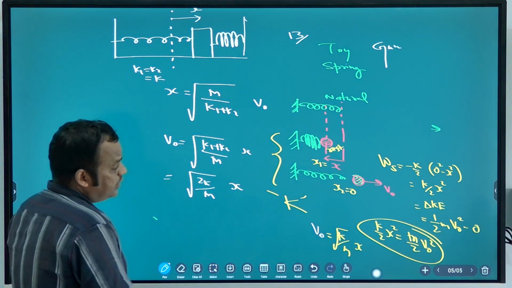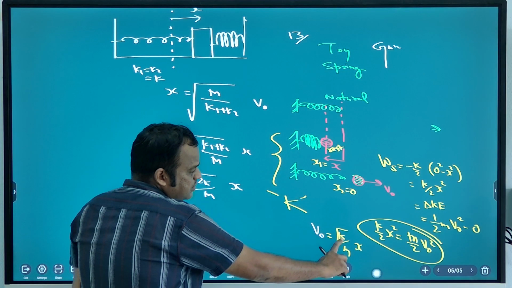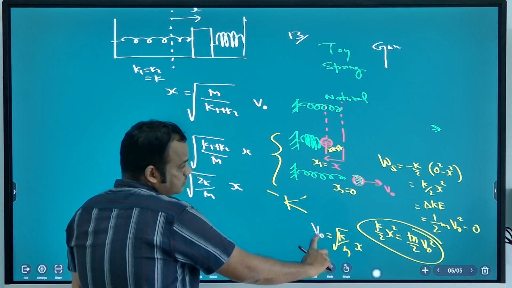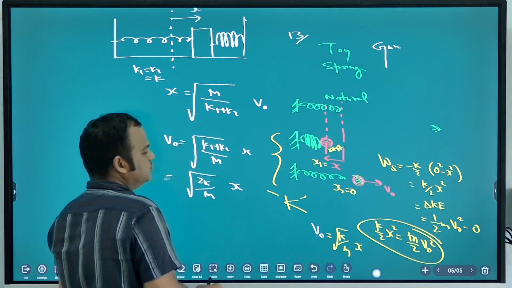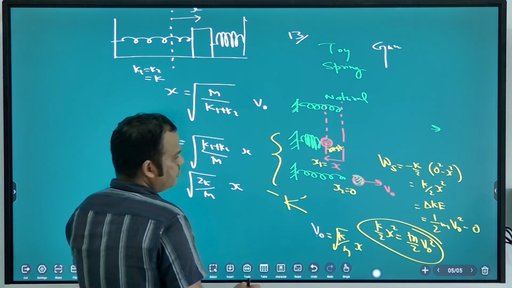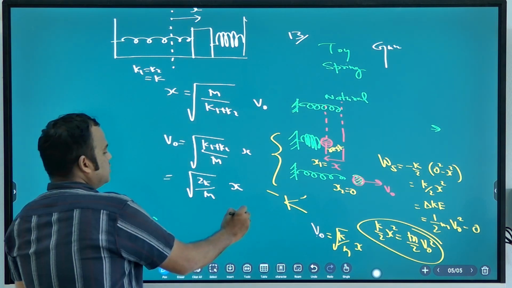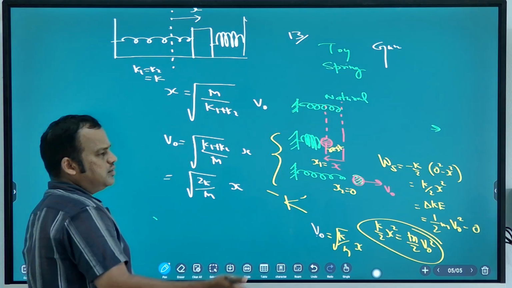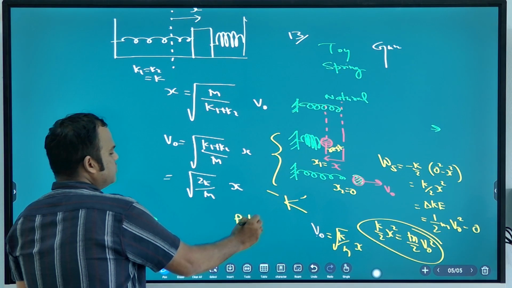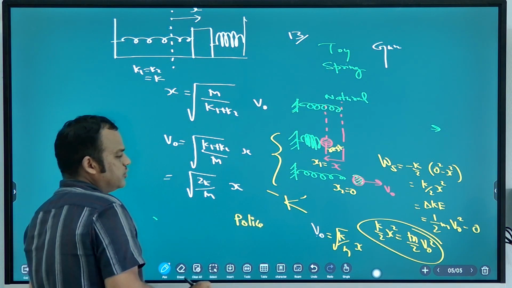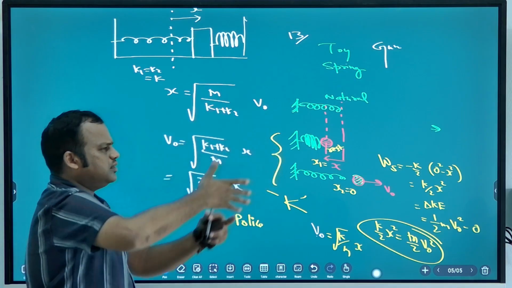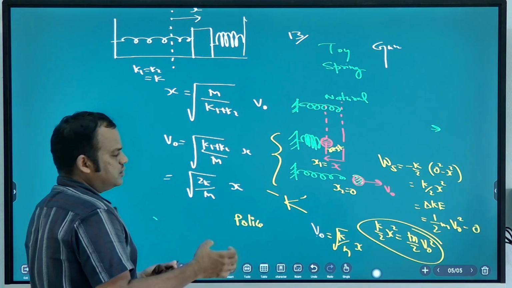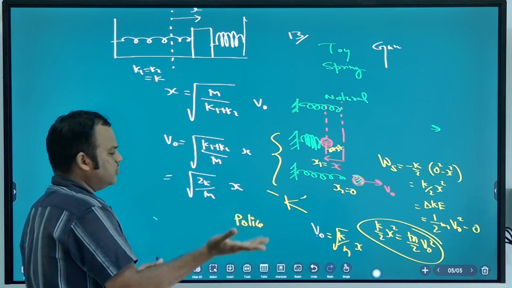If k is large, then v is more, so the ball will be fired with high speed. Correct? Suppose I give you one example in police. Sometimes police use a toy gun also. Suppose many people are there and police are not able to control them.